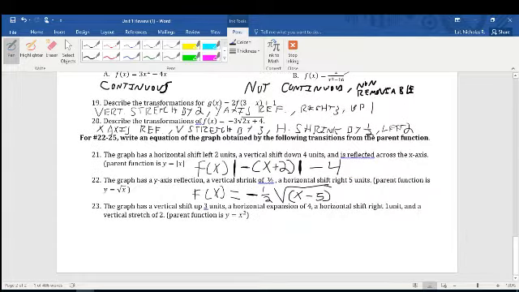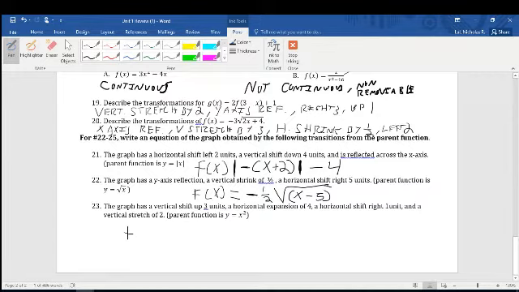And then for 23, we have the graph has a vertical shift up 3, horizontal expansion of 4, horizontal shift right 1, and a vertical stretch of 2. So let's start out with the vertical stretch of 2.